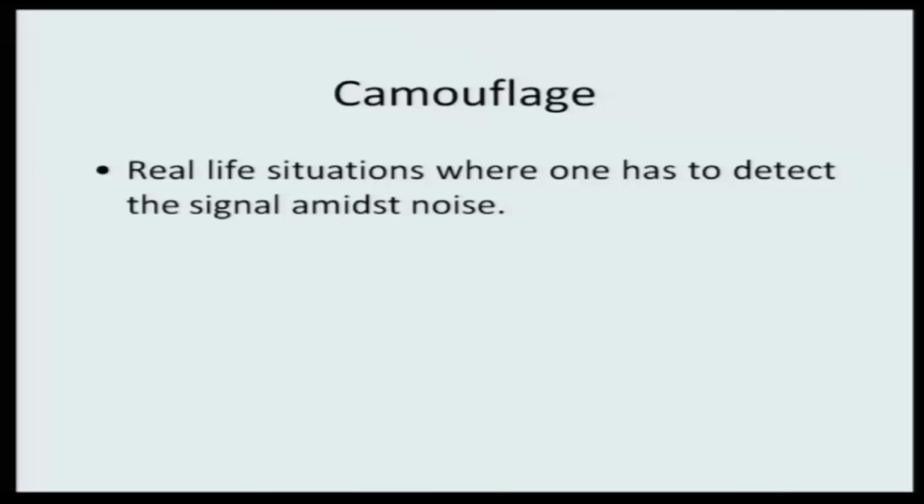Think of another example in a real life situation where one has to detect a signal amidst a noise. The best example in the present day would be the camouflage situation, when you try to make the signal of the stimuli weak enough so that the figure and the ground cannot be detected as two separate things.